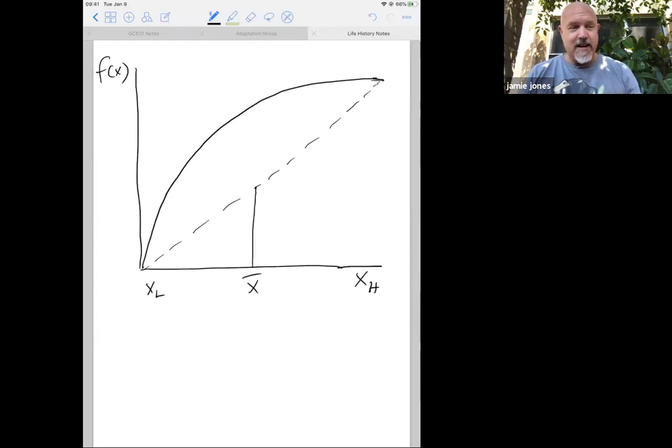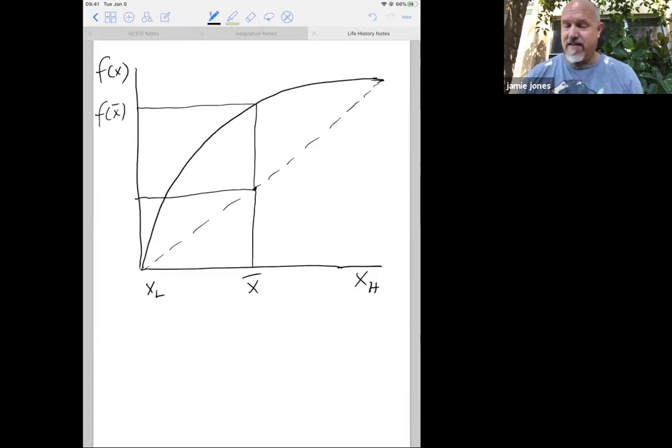The mean fitness of this lottery is given by the chord. Drawing this line all the way up, the fitness of the expected value is there, and the expected value of fitness is there, because this point is the average of this and this.